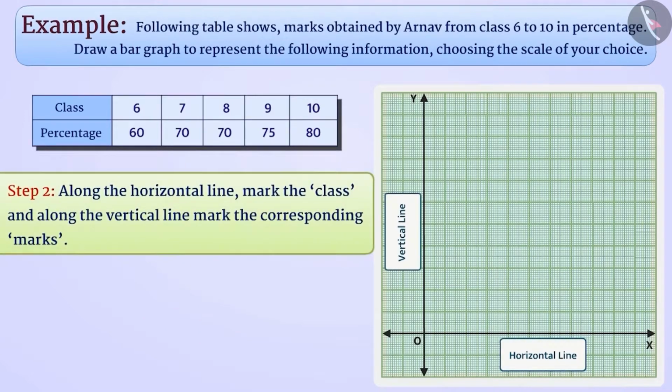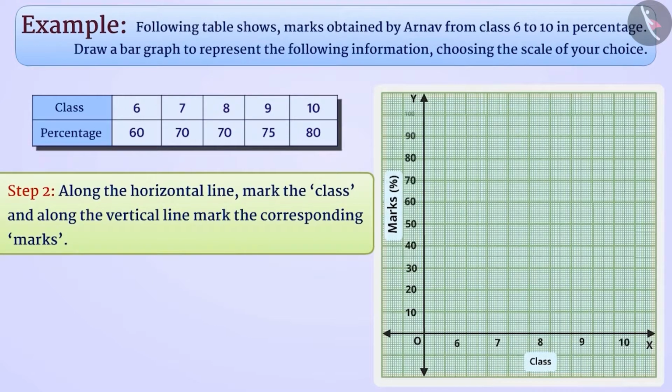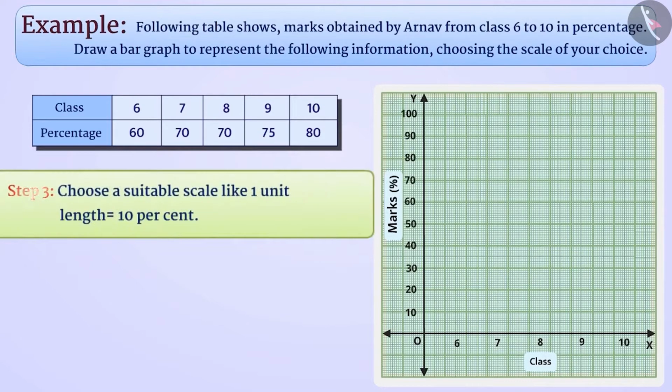Along the horizontal line, we will mark the class and along the vertical line, mark the corresponding marks. Step 3. Next, we will choose a suitable scale along the vertical line. Here, 1 unit length represents 10%. Therefore, we will choose the scale as 1 unit length is equal to 10%.